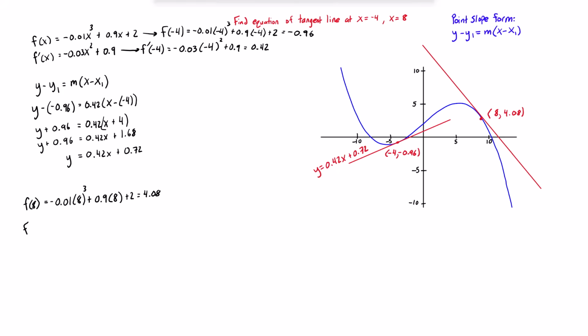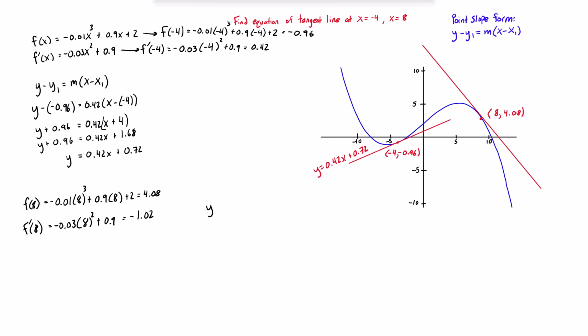We also want to plug 8 into f prime of x. So that's going to be negative 0.03 times 8 squared plus 0.9, and that simplifies to negative 1.02. So this is the slope of the function when x equals 8, or it's also the slope of this tangent line that we have drawn here.